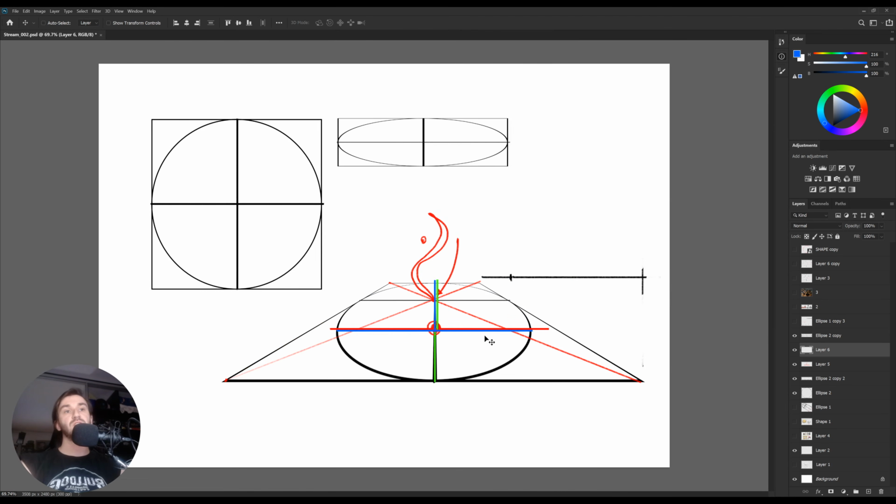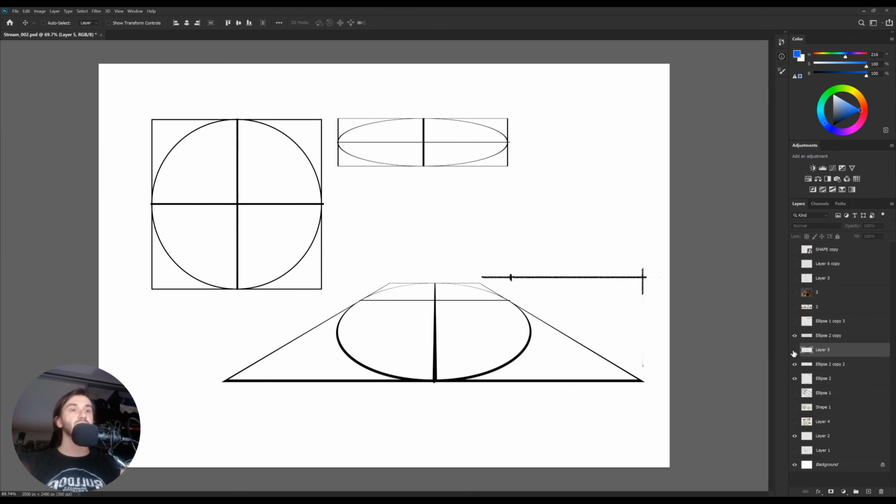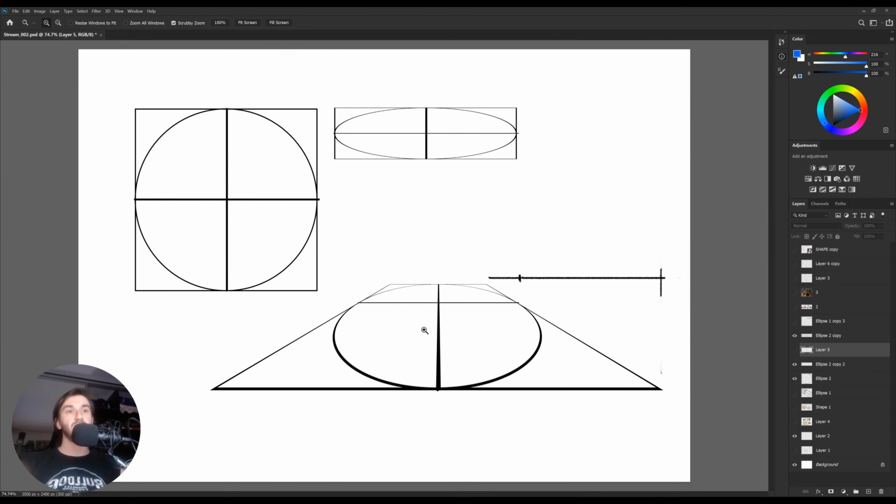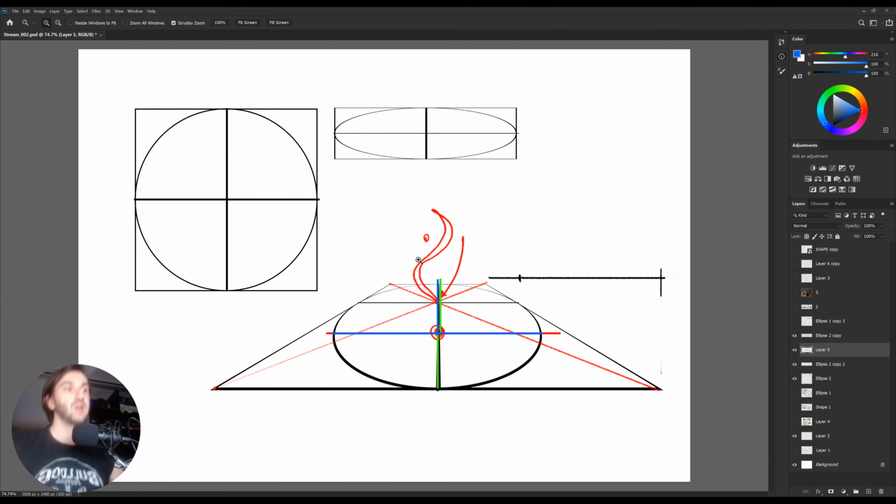You really need to only be aware of this fact, because sometimes it might be a bit problematic for you, and the answer why this problem is occurring is not really that obvious. So just remember, in perspective you will see more of the front of the circle and less of the back of the circle, but still the ellipse will be symmetrical. No matter what type of perspective you will be using, it will be symmetrical pretty much always.